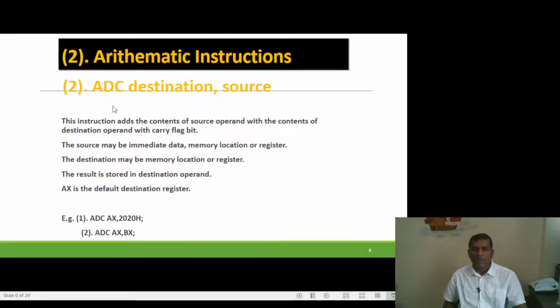The addition will be done as a regular addition, but if the carry flag is set, then that carry will be added into the final result. The source may be immediate data, memory location or register, whereas the destination is a memory location or a register. The result is stored in the destination operand. AX is the default destination register.